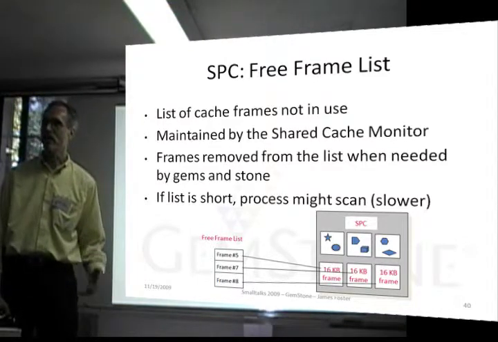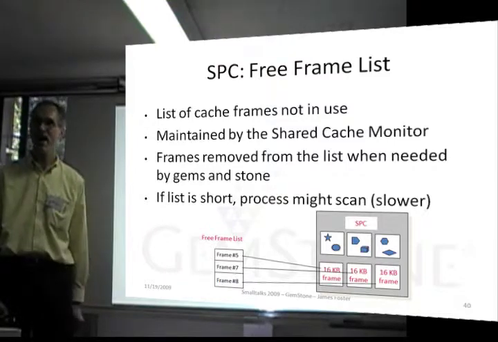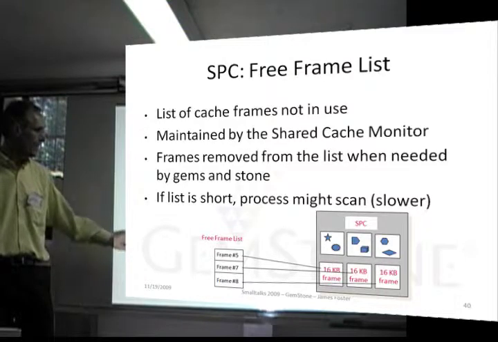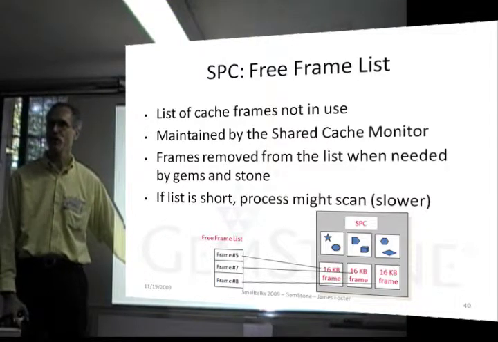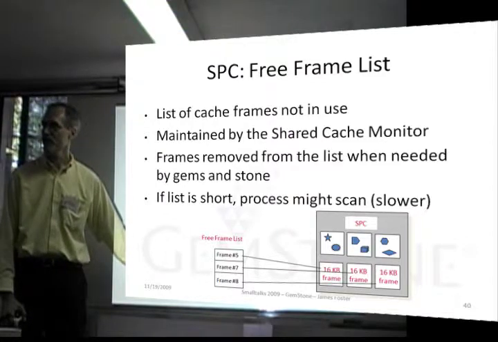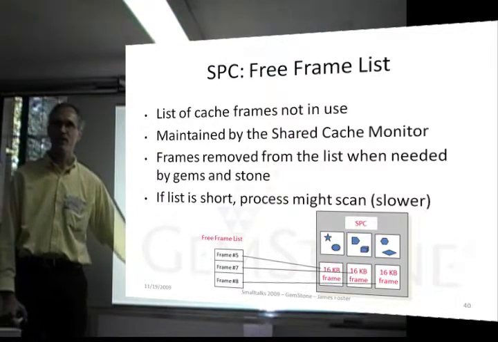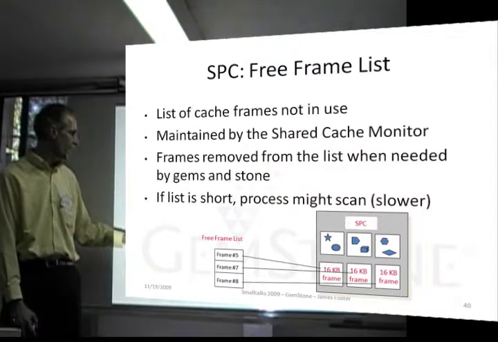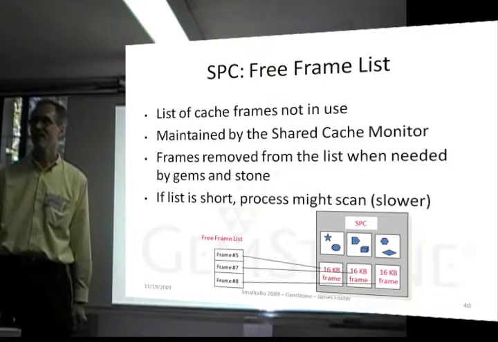Now, it's in memory, so we're not going to disk, but it's still examining each frame to see if it's free. So when this list gets short, use of this list is restricted to special processes. If there's less than a certain number of free frames, then certain processes might have to scan. And that's slower.